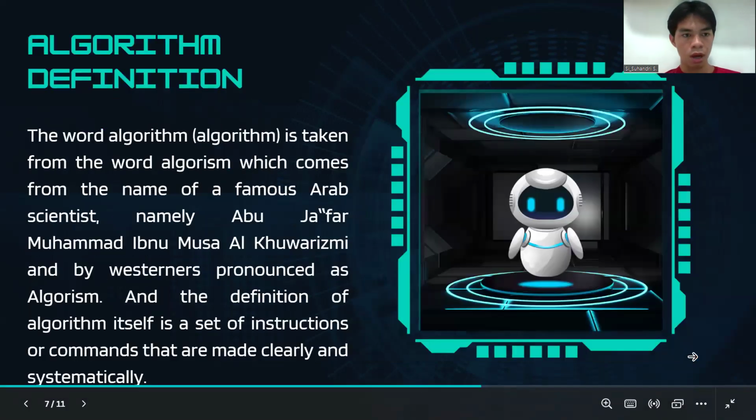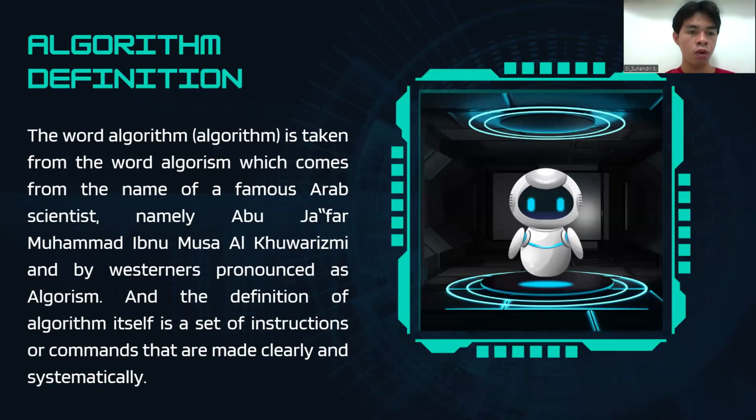Algorithm definition. The word algorithm comes from the name of a famous Arab mathematician, namely Abu Ja'far Muhammad ibn Musa al-Khwarizmi. The definition of an algorithm itself is a set of instructions or commands that are made clearly and systematically.